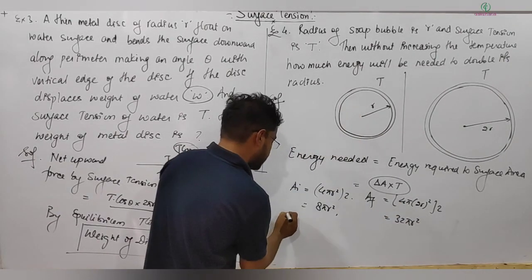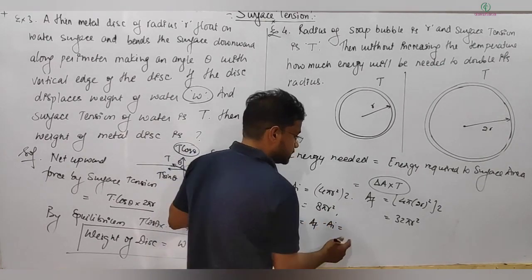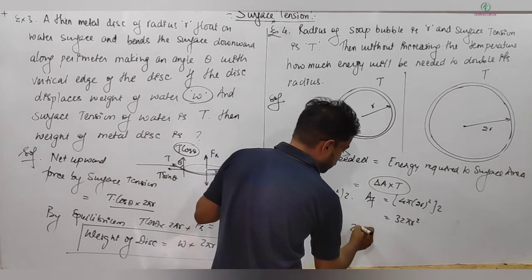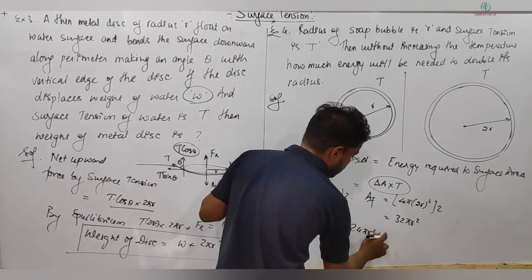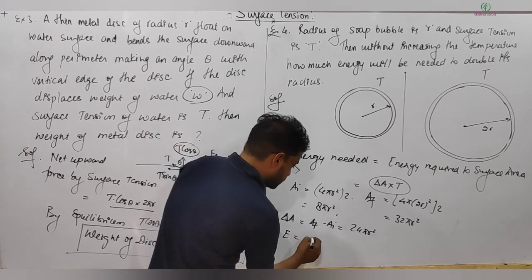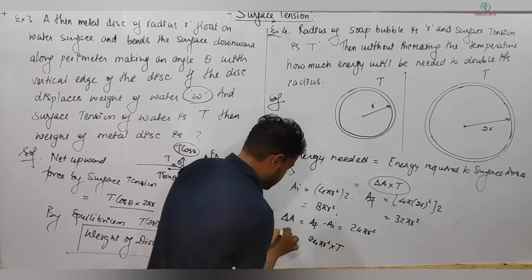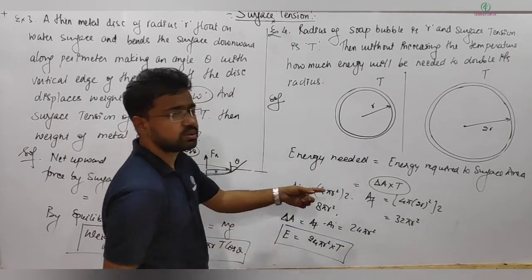So the change in area, delta A, is equal to A final minus A initial, that is equal to 24 pi r square. So this is the change in area. Then the work done or energy required is 24 pi r square multiplied by T. This will be the answer to the problem.